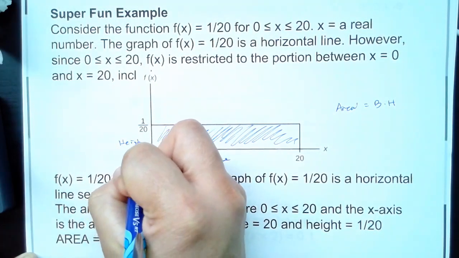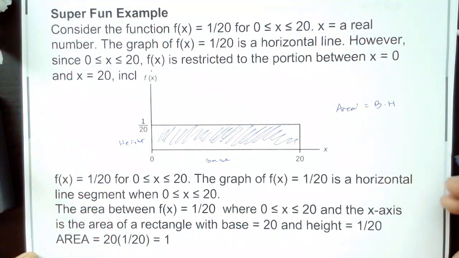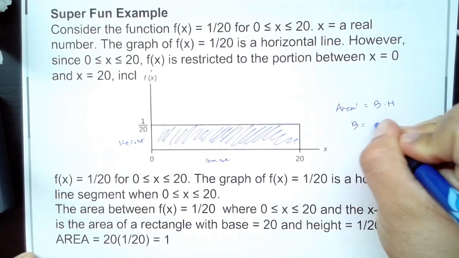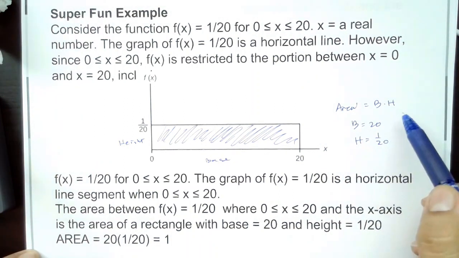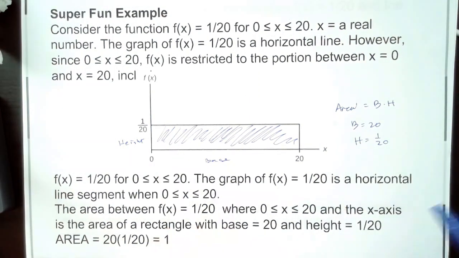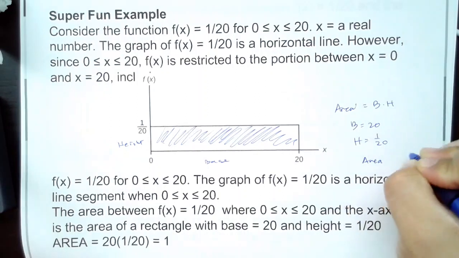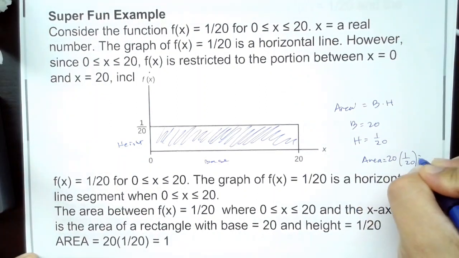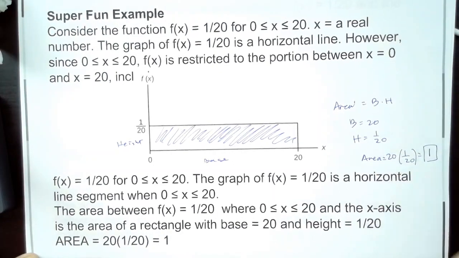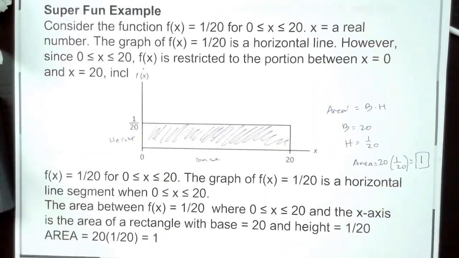The base is 20, and the height is just 1 over 20. So the total area underneath the curve would be 20 times 1 over 20, which is just equal to 1.